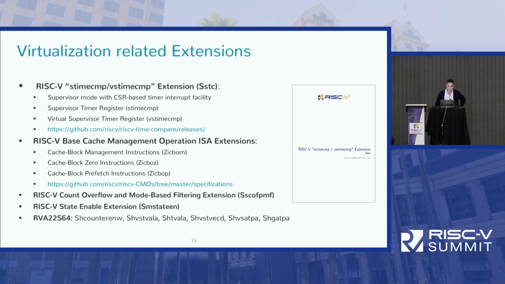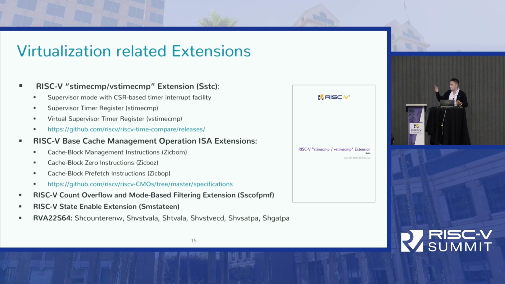One of these extensions is the SSTC, which basically provides direct access, for example, for the VS level and for the hypervisor level to get the notion of the time, because if this extension is not implemented, the time needs to be provided by the machine, which means that you need to have additional traps just to have the notion of time for your virtualized environment.